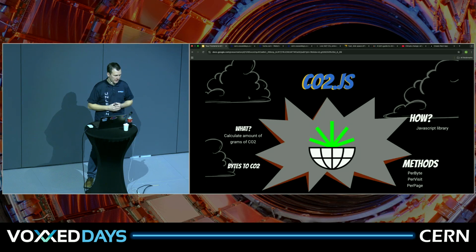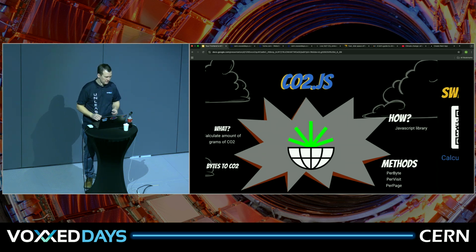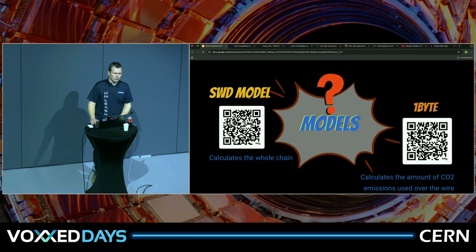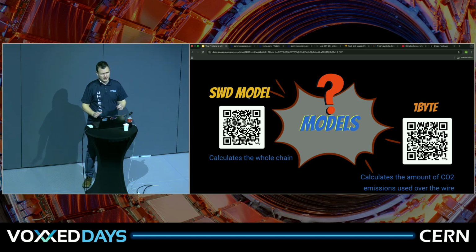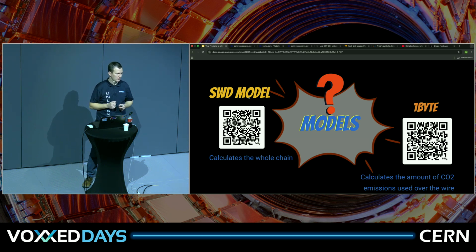And they calculate the amount of CO2 based on that with the JavaScript library, and you have certain methods. They have two models, the Sustainable Web Design model and the 1 byte model. The 1 byte model is only checking the network connections and the sustainability and CO2. And they have the SWD model, and that's calculating the whole chain.